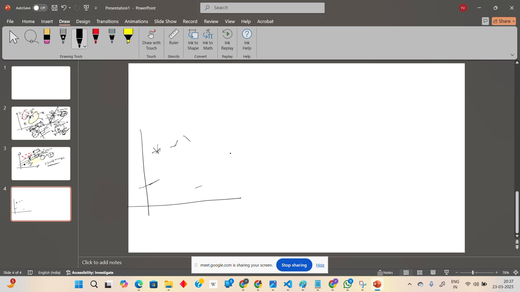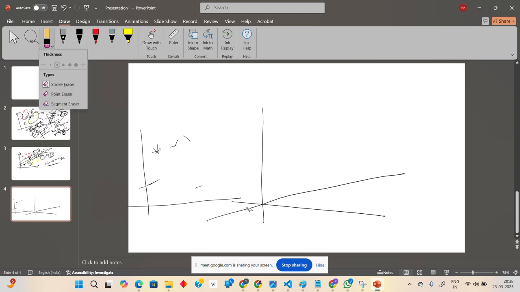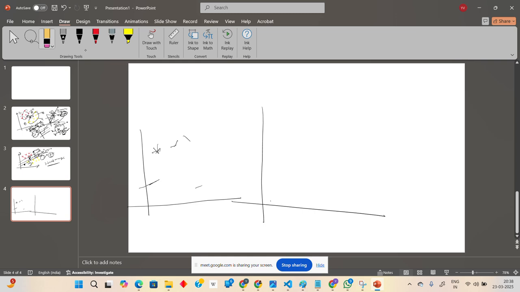Yeah. So here, consider this line. It is not centrally arranged, so it has to be drawn again like this.